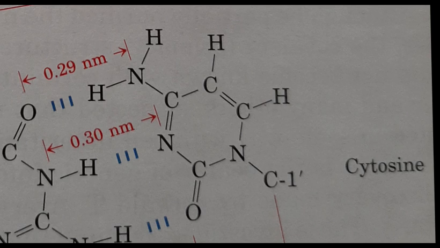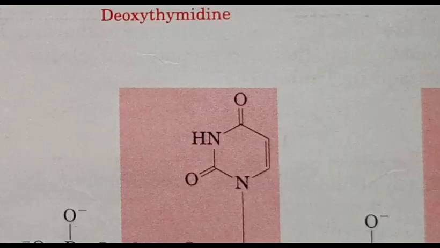Now come to uracil. It will be discussed when we discuss RNA. Here also on the first and third positions there are nitrogens, but on the second and the fourth carbon positions there are CO groups. Hence it is called 2,4-dioxypyrimidine.